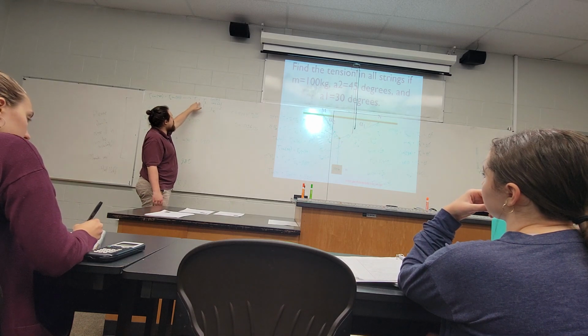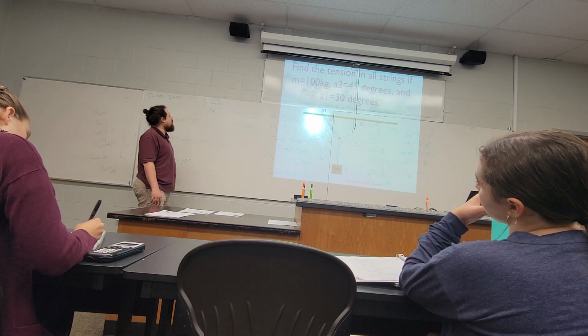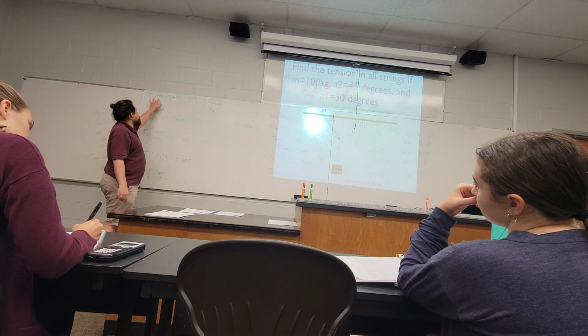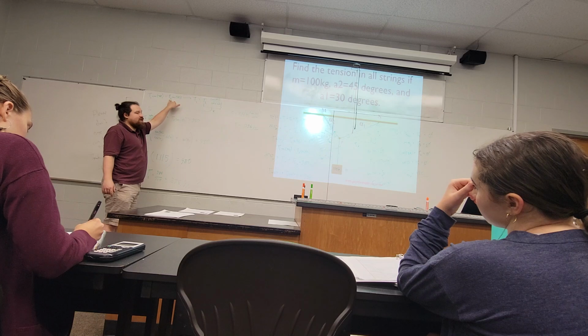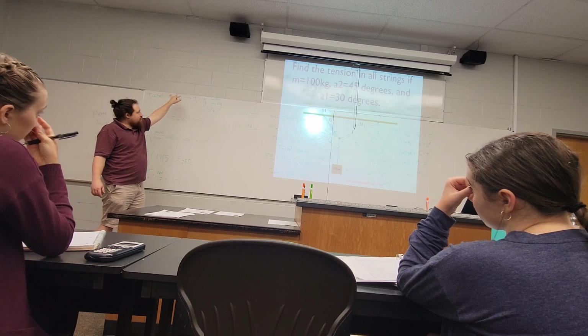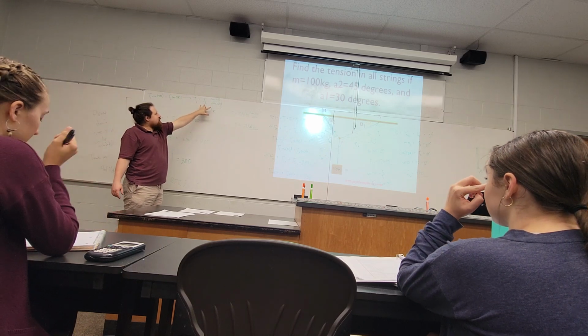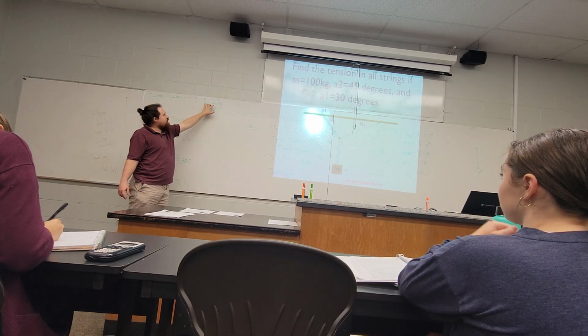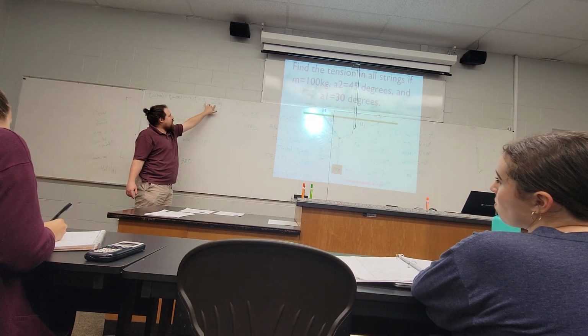So here I've got T1 equals T2 times cosine 40 over cosine 30, just taking the cos 30 from the left and sending it over to the right. And now this equals T1. Anywhere we see a T1 in any of our formulas, we can choose to write this instead.